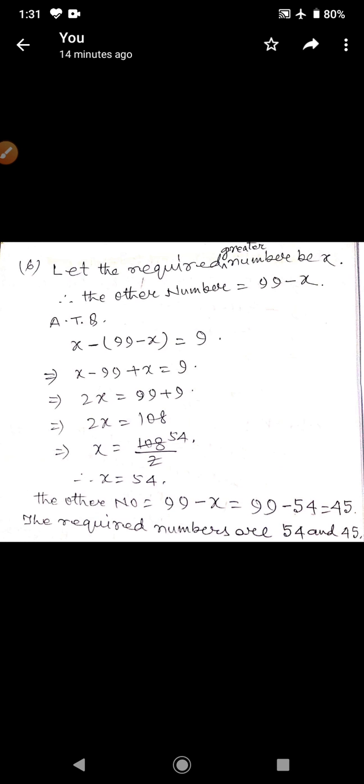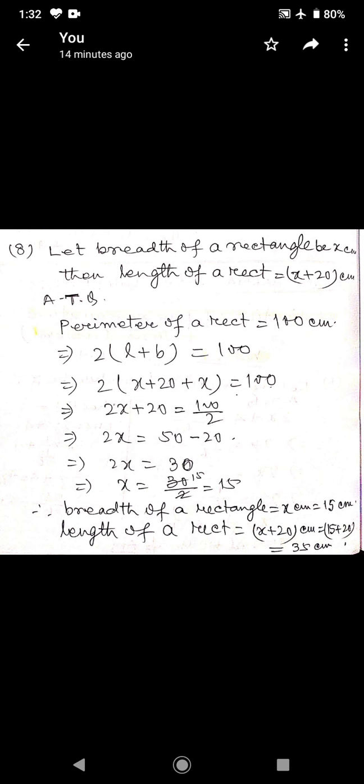Now question number 8. The length of a rectangle is 20 centimeter more than its breadth. If the perimeter is 100 centimeter, find the dimensions of the rectangle. So you have the given condition: let the breadth of a rectangle be x centimeter, then the length of a rectangle equal to x plus 20 centimeter.